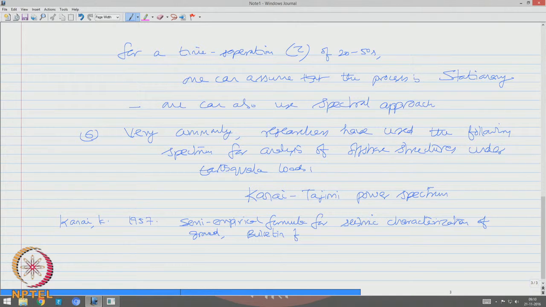Bulletin of Earthquake Research Institute, University of Tokyo, 35, 308 to 325.